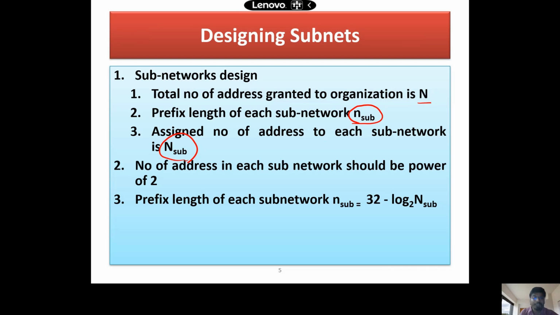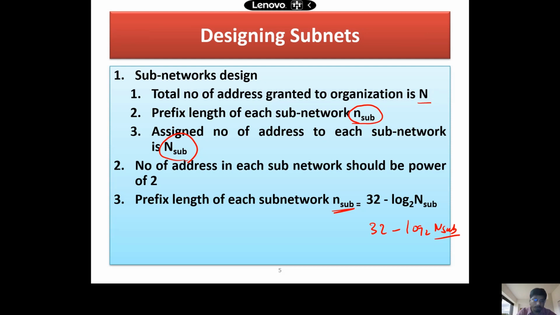The prefix length of each subnetwork, if you have to calculate, is going to be 32 minus log base 2 of N sub. So the number of addresses that you need for each subnetwork, you have to work out, and then calculate what will be your subnet prefix or subnet mask from that. This is the requirement based on your subblocks: what size you want, how many addresses you want in that subblock.